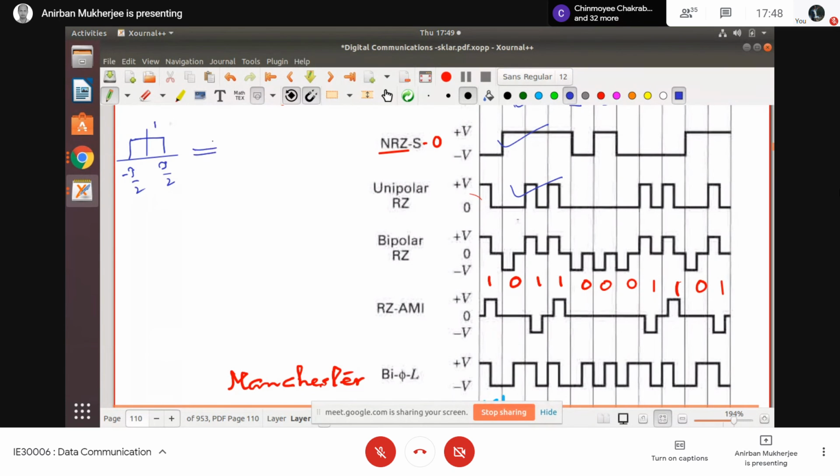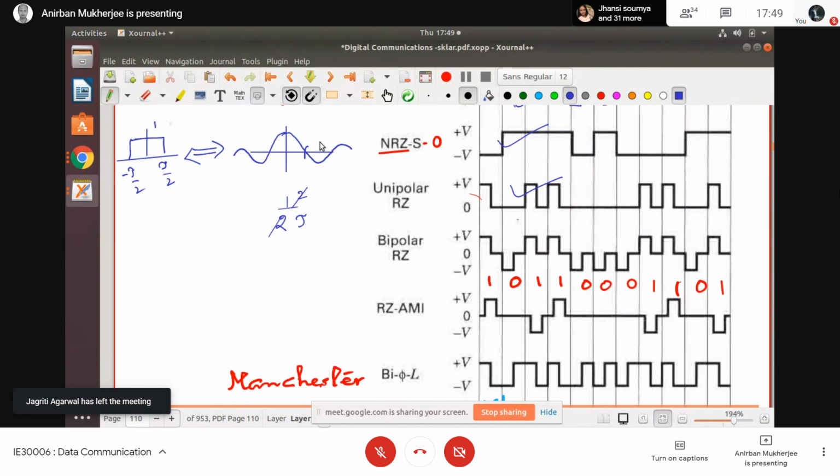If I take the Fourier transform, you will have something like that same function, where whatever you have on this side is 1 by 2 of that one, meaning tau. That is, basically you will have 1 by tau.